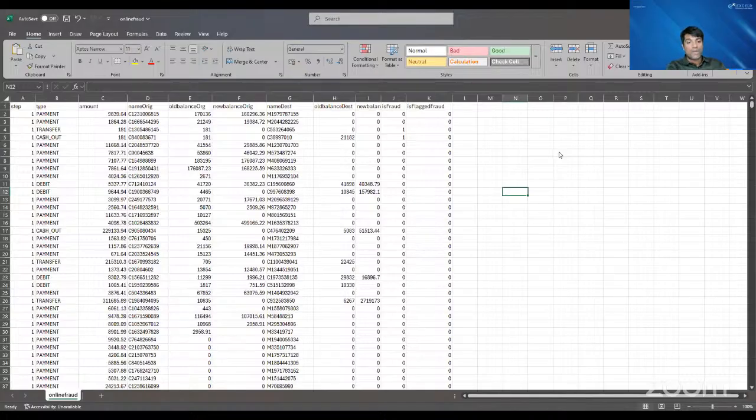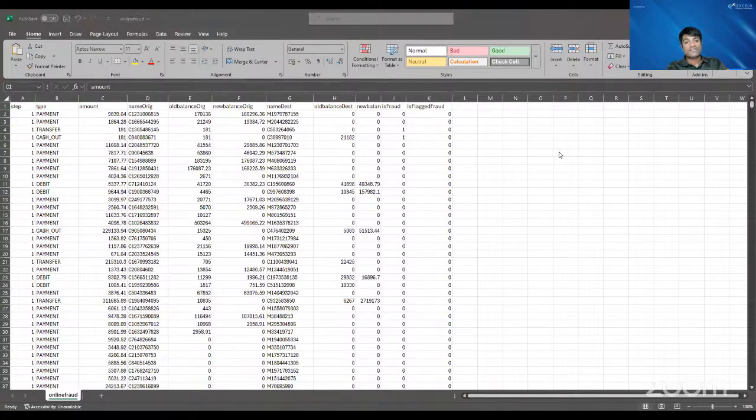Next is the amount, which is the amount the person has transferred. Here you can see the person is transferring 181 rupees, and here 7,107 rupees. That is what the amount section is about.